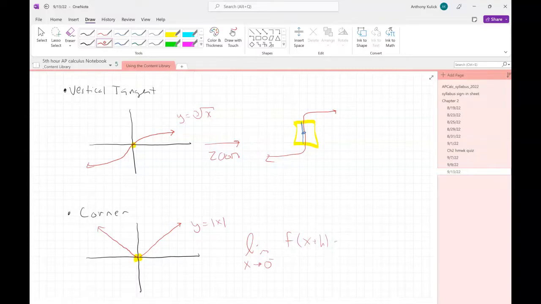I need to go back and look at that notation that I'm digging out to use. That's it.